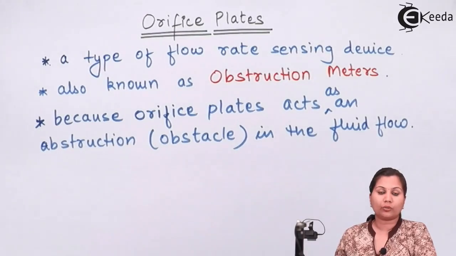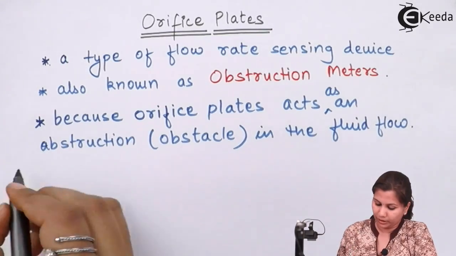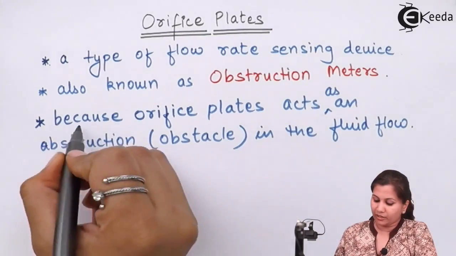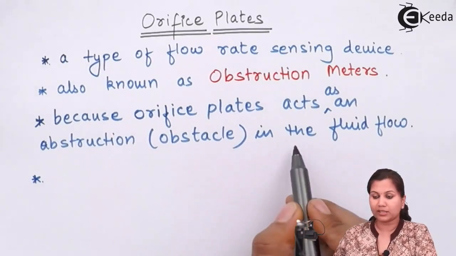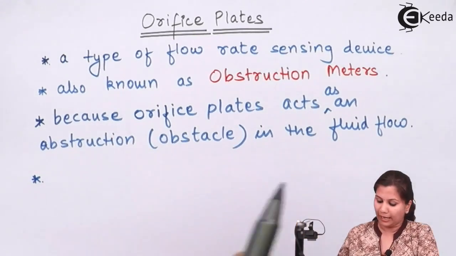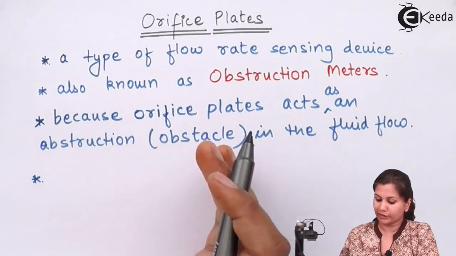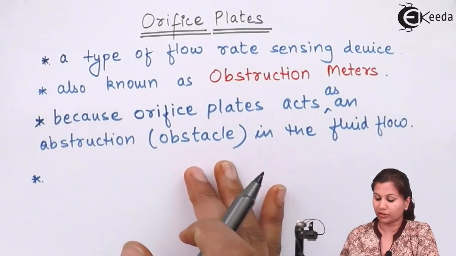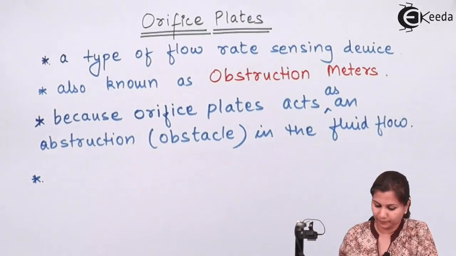Obstruction means that they restrict the fluid flow, or the fluid flow is going to change. So they act as an obstacle in the fluid flow, and due to this obstruction, a change in pressure occurs.